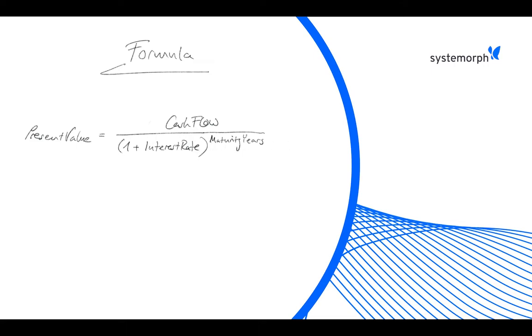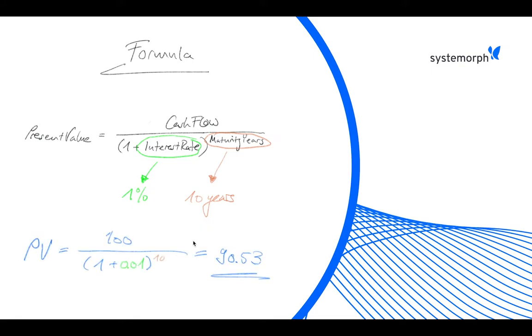Let's look at a specific example to better understand this. Say we can invest our money with a 1% interest rate and a maturity of 10 years, and we're looking to have 100 francs by the end of the 10 years. We place the 100 francs as the cash flow in the formula, and then we conduct the calculation with our 1% interest rate and our 10 years for maturity. This gives us a present value of 90.53. What does that mean?